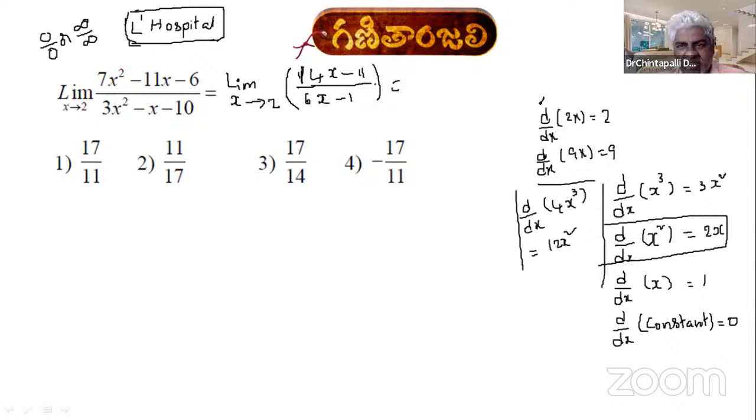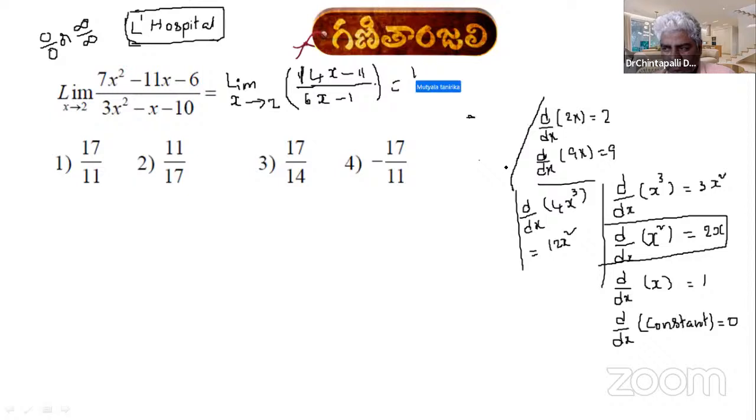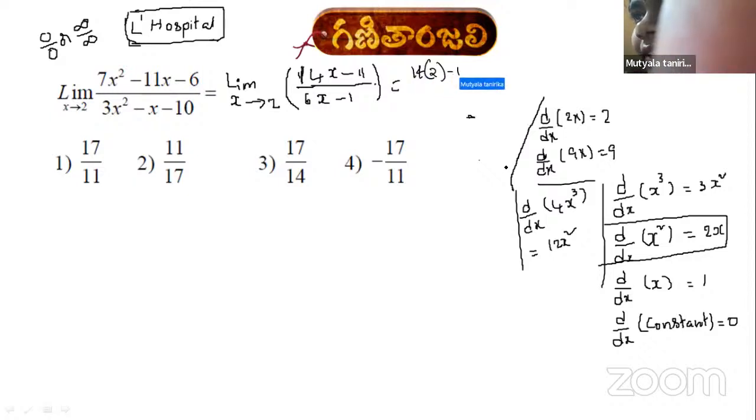Yes, you can write on the screen. 14 times 2 minus 11 over 6 times 2 minus 1 equals 28 minus 11 over 12 minus 1.